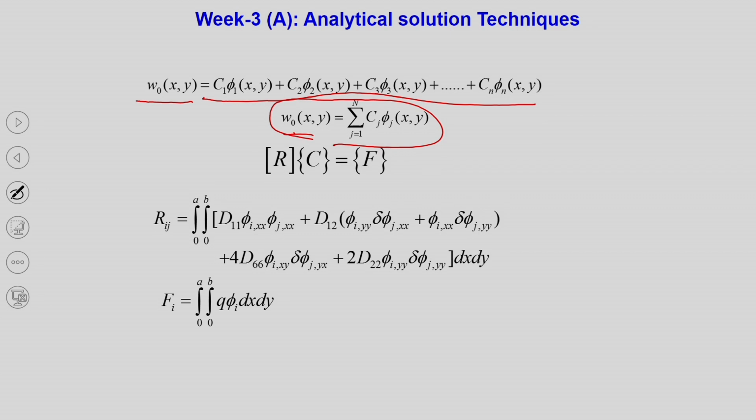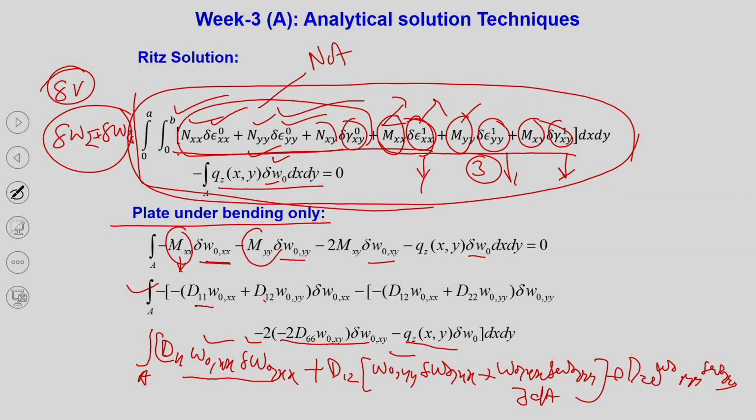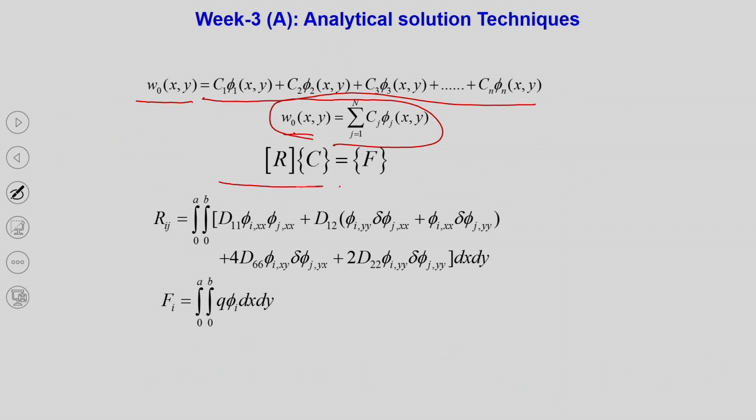If you substitute this W naught into this equation, this gives an algebraic equation where R can be determined like this. Phi j is a function of xy, and C1, C2, C3 are the unknown constants, and F is the load vector. So here you are solving an algebraic equation.